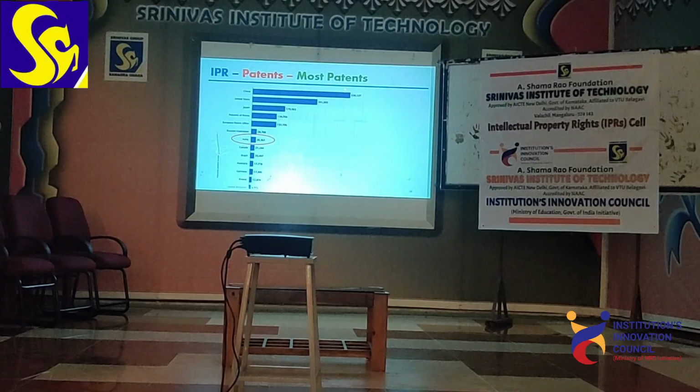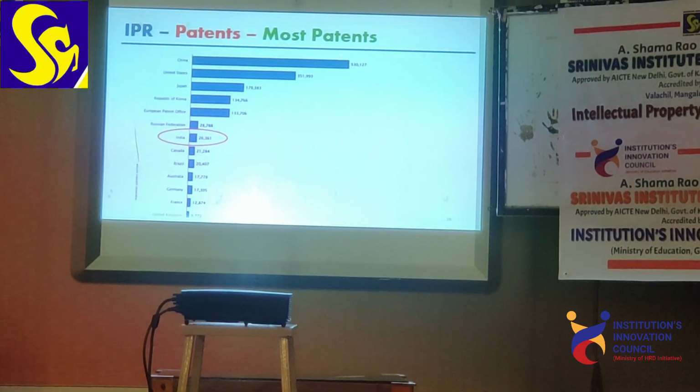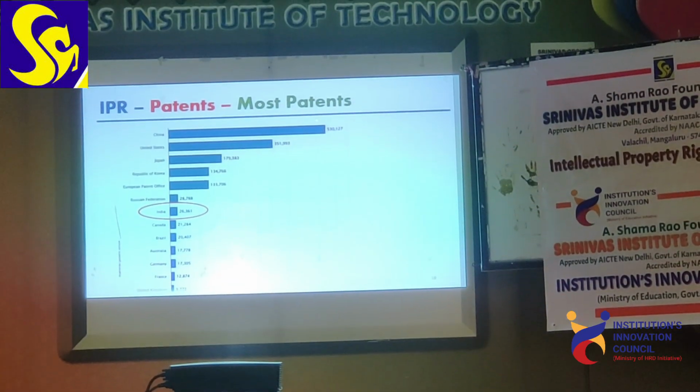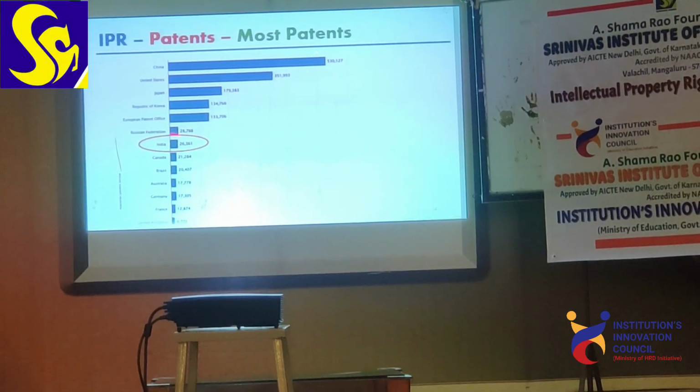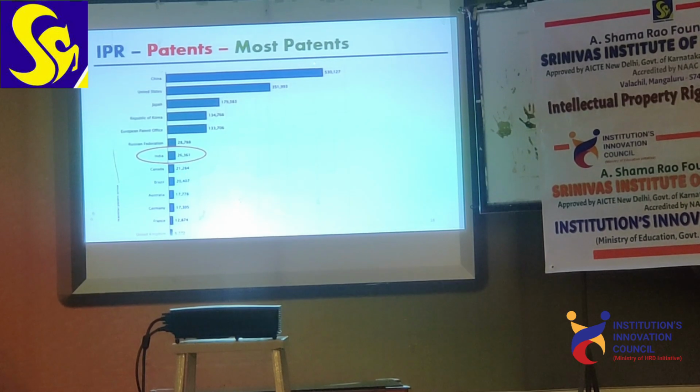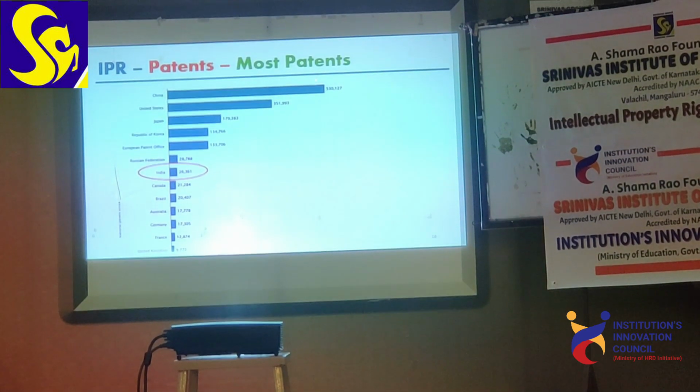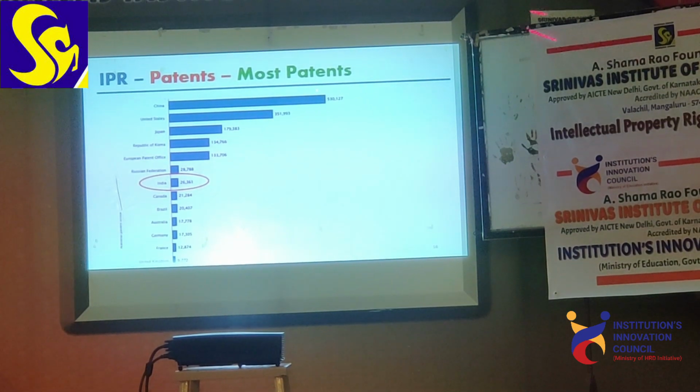China has the maximum patents today, nearly 5 lakh odd. Whereas we are here, I think this has increased. This is little old data. Maybe right now we have something around 50,000. But that is still far behind these two countries, you see.